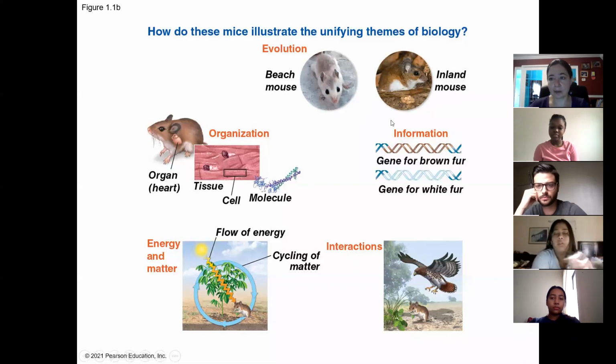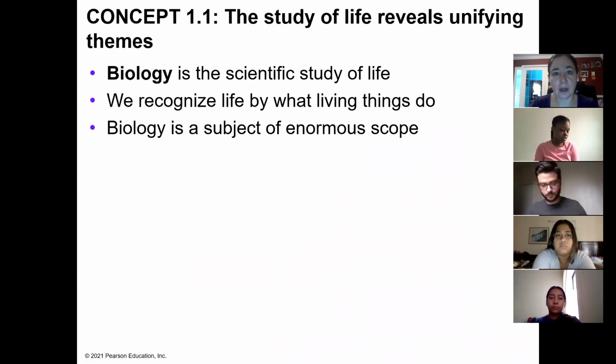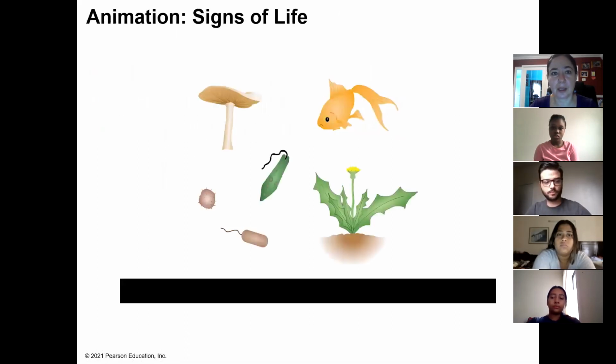So this again, different fields in biology that you can look at something called reductionist approach when you look at their level of molecules or cells, or you can look at something much more general like ecology, right? That studies ecosystems where living organisms live, okay? And I said, biology is study of life. Bio is life, logos means study. And as you're gonna see, there's so many different things in biology.